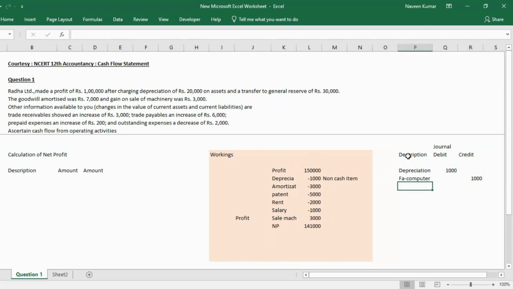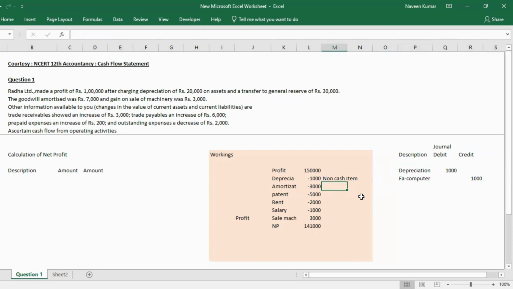Do you see anywhere there is a cash outflow here? It's depreciation, debit all expenses and credit all incomes. You can see there is no cash involved in this. This is a nominal account, so debit all expenses, and computer is an asset. When there is a decrease in asset, it is a credit. So there is no cash involved.